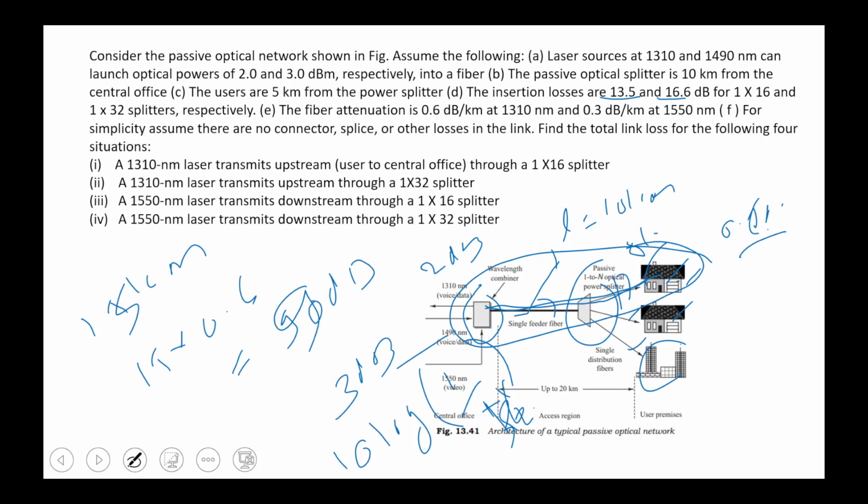So you can calculate for both cases: for the 16 coupler, that 13.5 into the log 16 value, and if you add both the total fiber loss and the loss due to the 1 into 16 coupler, you will get the answers for all the 4 questions for the upstream and downstream.